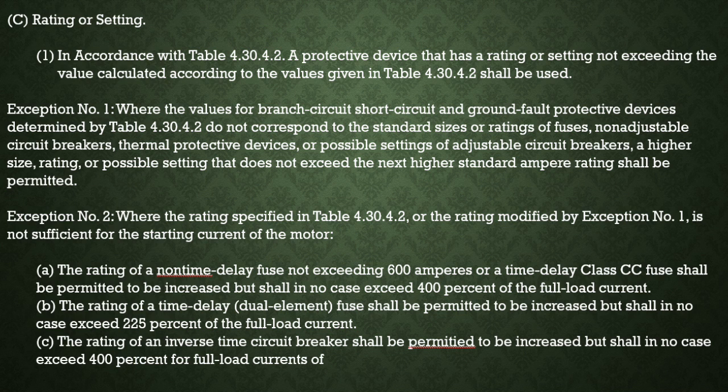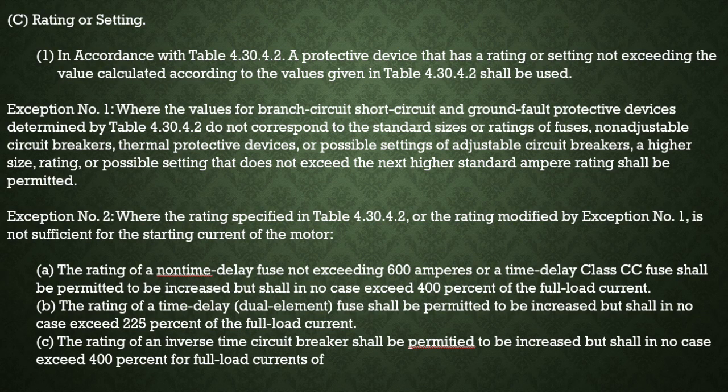C. Rating or setting. Protective device should have a rating per Table 4.30.4.2. If the Table 4.30.4.2 values don't match standard sizes, the next higher standard rating is allowed.